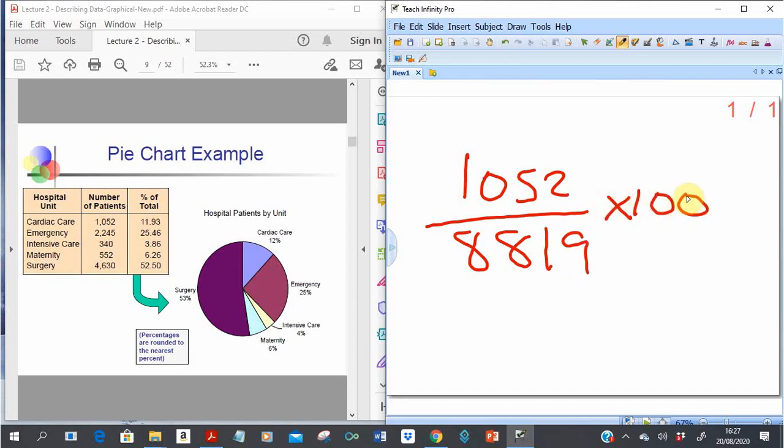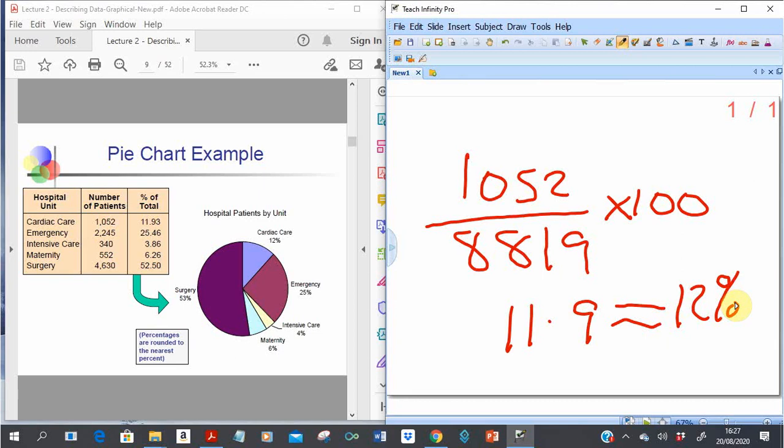What we're going to find is 11.9, which is just equal to 12%. Okay, so you do the same for the other hospital units. You find the percentages as well.